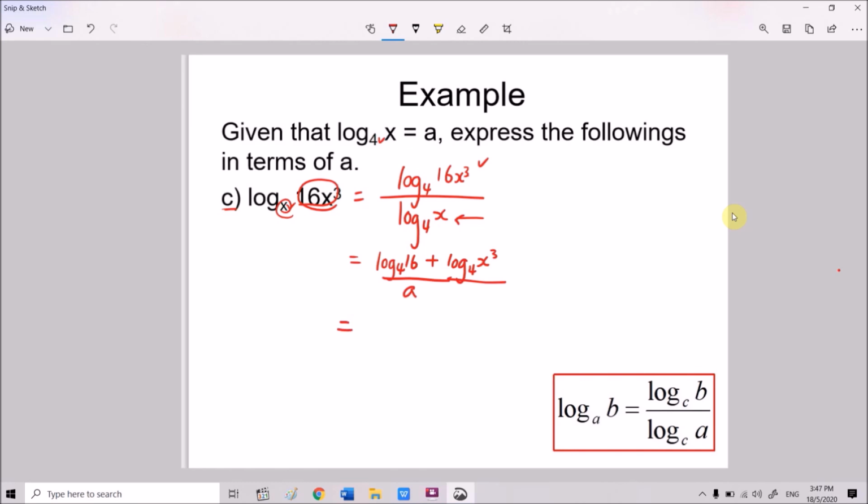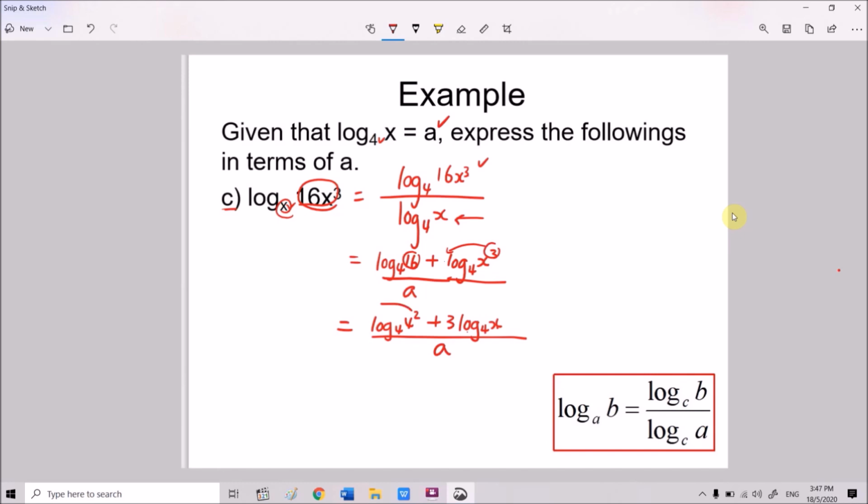And then, since 16 is 4 to the power of 2, and using the power law, we can bring the 3 here. We get 3 multiplied by log base 4 of x over a. Why do we want to bring the 3 in front? Because we want to get log base 4 of x, which equals a.